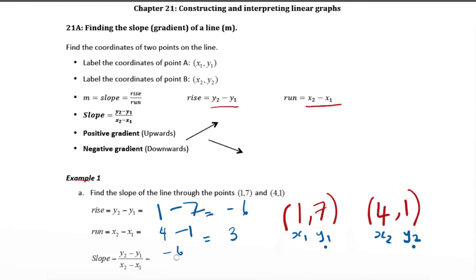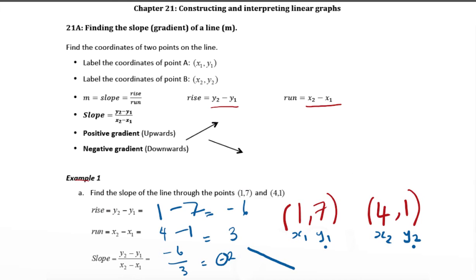So my slope is going to be negative 6 on 3, which is negative 2. And see how that's a negative over there? That tells me that this line over here is going to look like that.